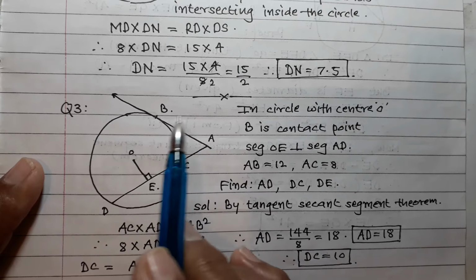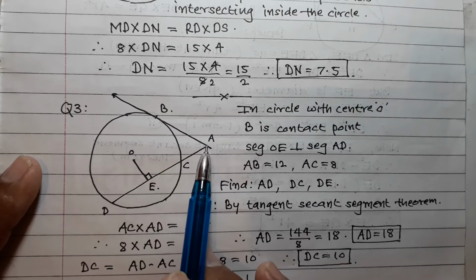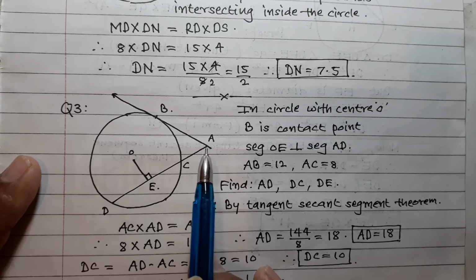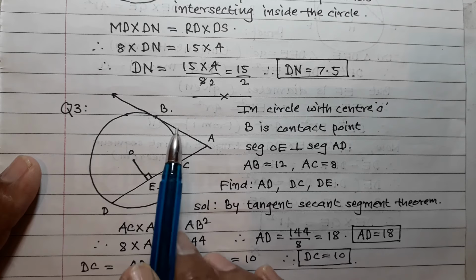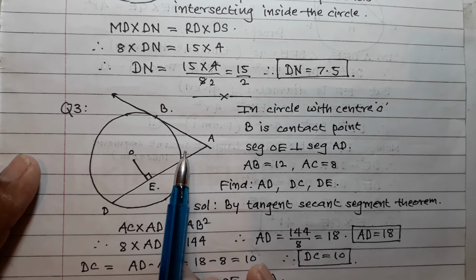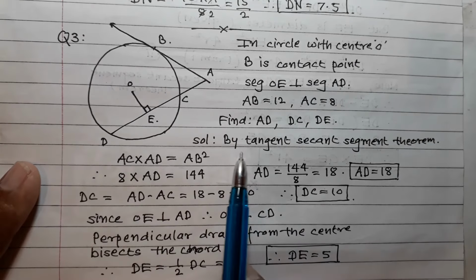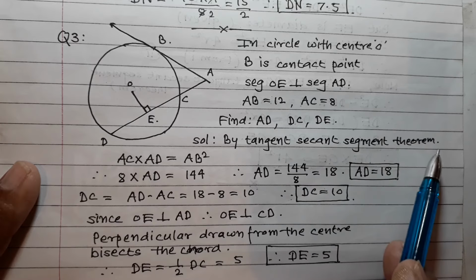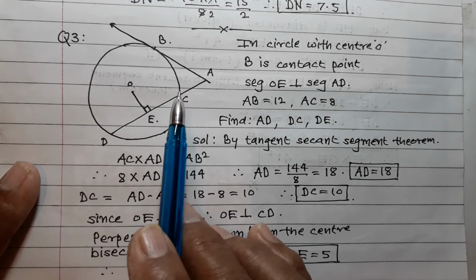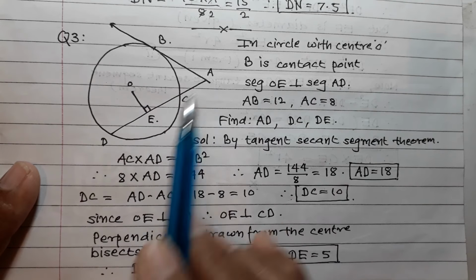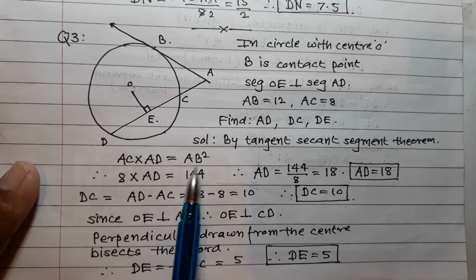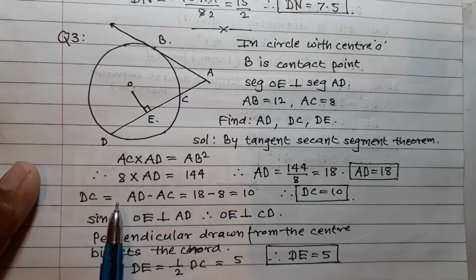Now in this case, this is a tangent given and this is a secant, and therefore you use tangent secant segment theorem. Now try to understand solution. By tangent secant segment theorem, AC into AD is equal to AB square.